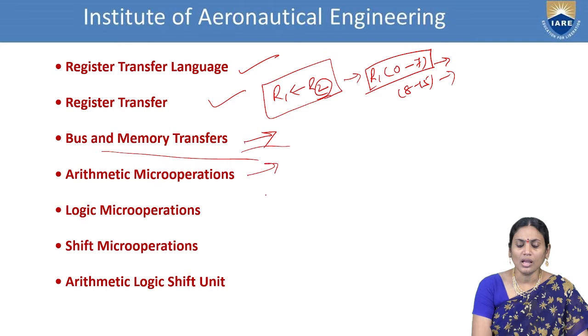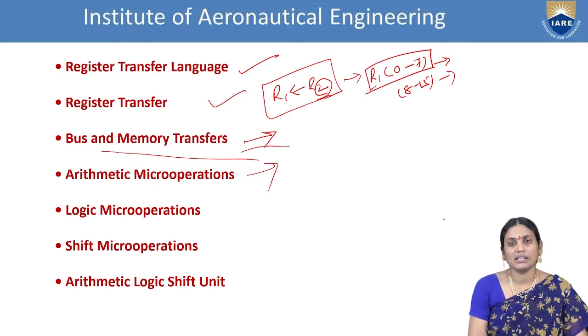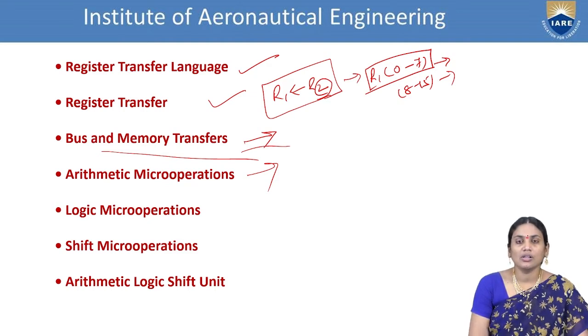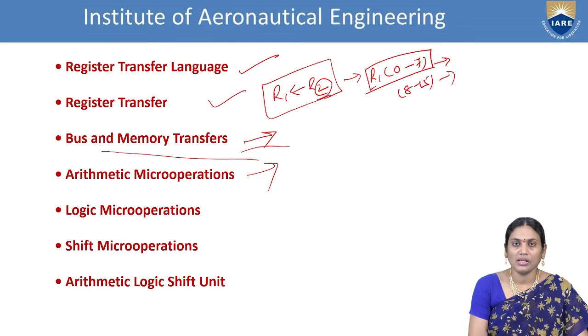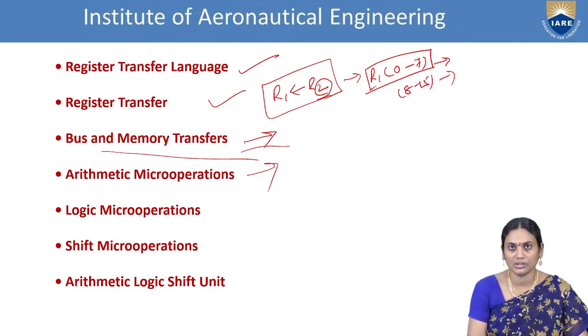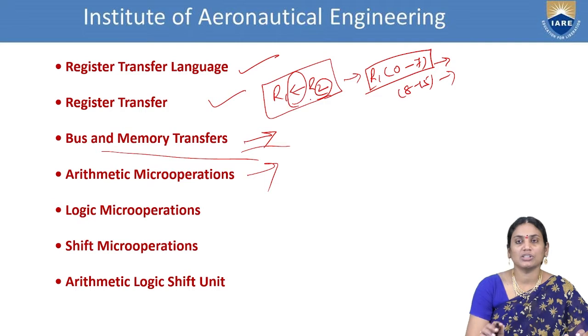Apart from this, we have already seen what arithmetic operations are, and what the different micro operations are. Even though data is stored in memory and in registers, it is intended for some transactions or calculations. So in order to initiate the transactions, we have to be very specific about which micro operation we are using.